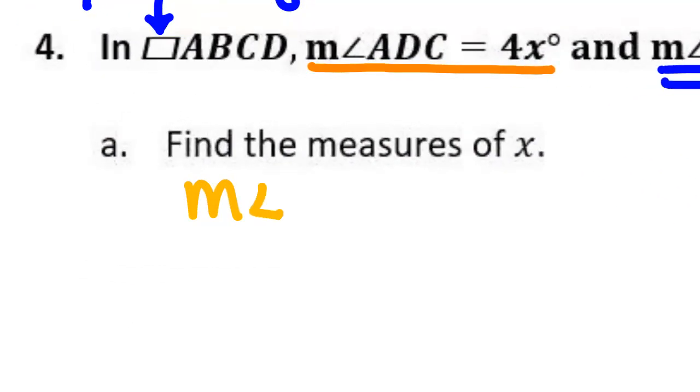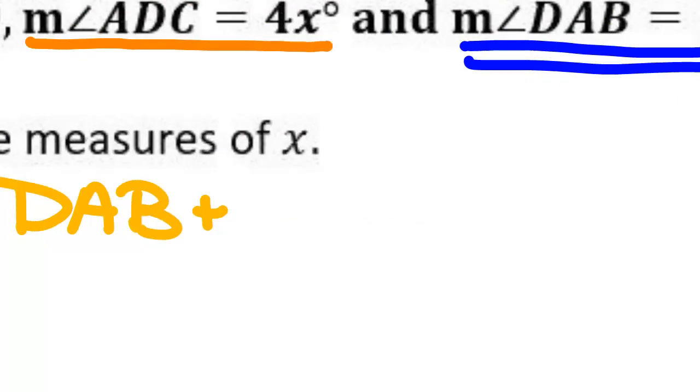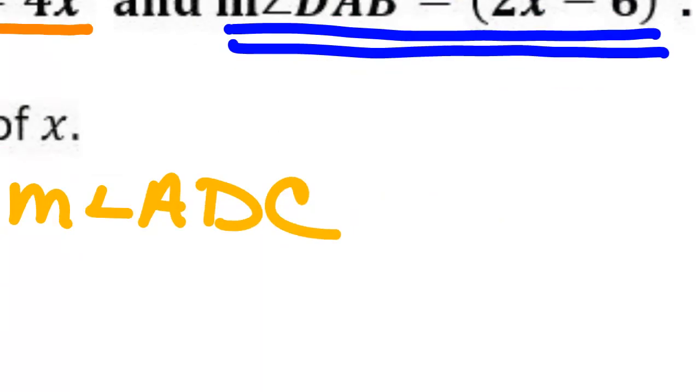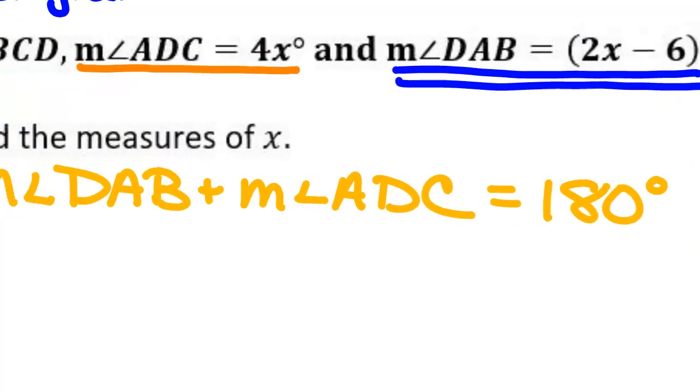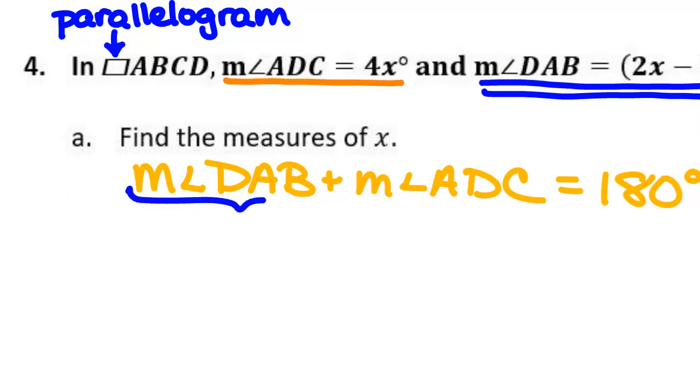So the measure of angle DAB plus the measure of angle ADC is equal to 180 degrees. Angle DAB is 2x minus 6. Drop my plus sign down.